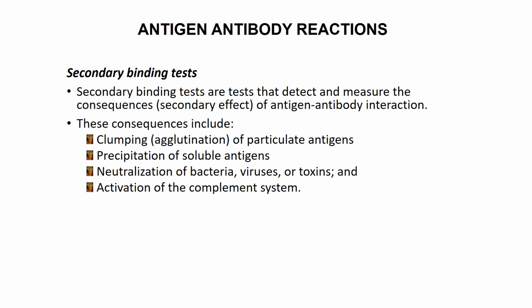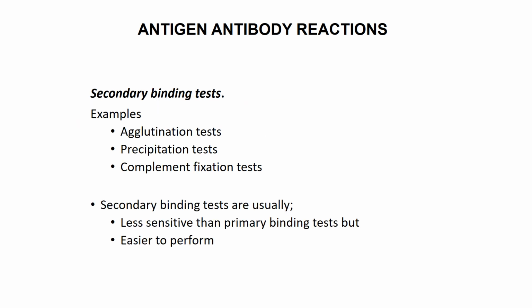Other examples are neutralization of bacteria, virus, or toxins, and also the complement activation system. These are all secondary binding tests. Examples are agglutination tests, precipitation tests, complement fixation tests. And these are less sensitive than primary binding, but they are much easier to perform.